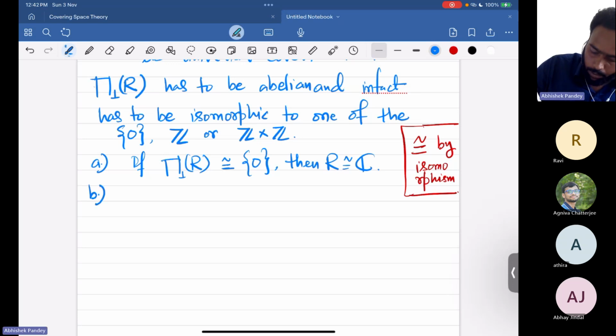The reason to consider the fundamental group will be clear later.